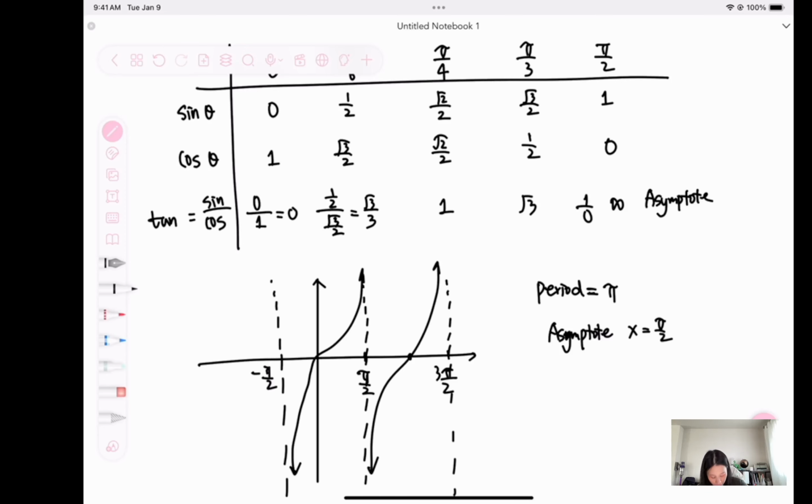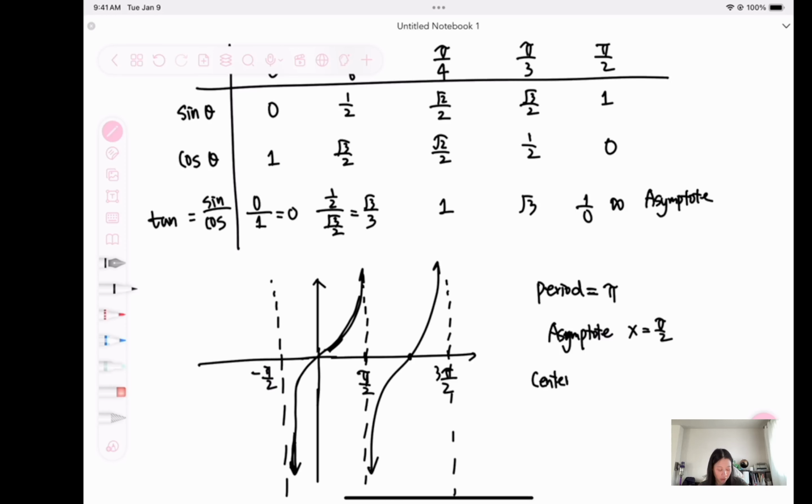Now let's discuss more by observing. What do you see about this graph? Maybe I can draw it nicer. Okay, we found the asymptote, we found the period. What about the center of the graph?